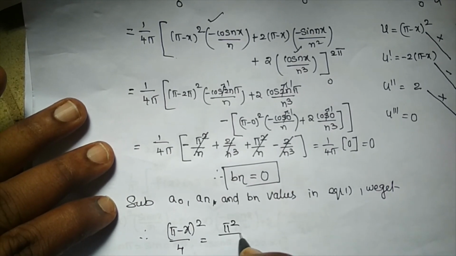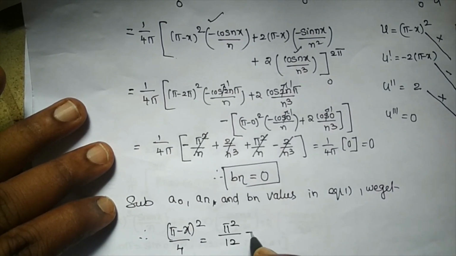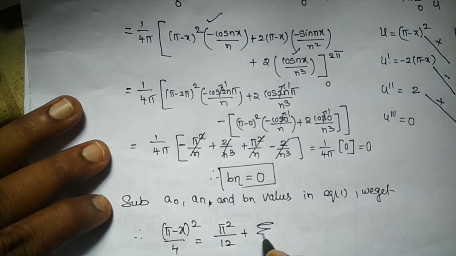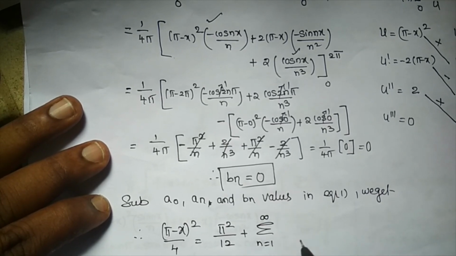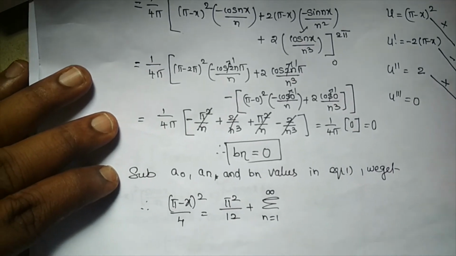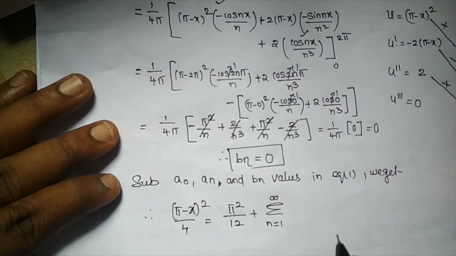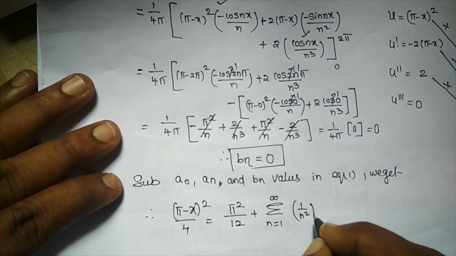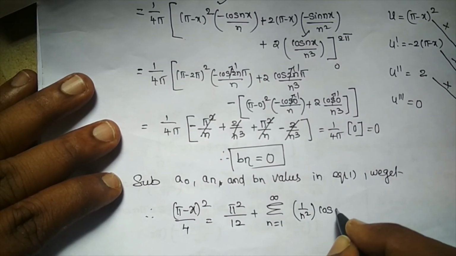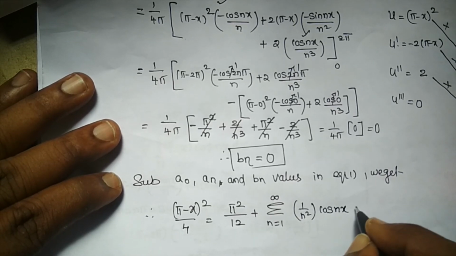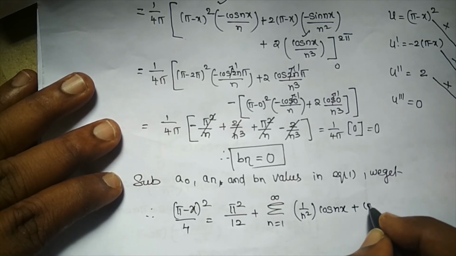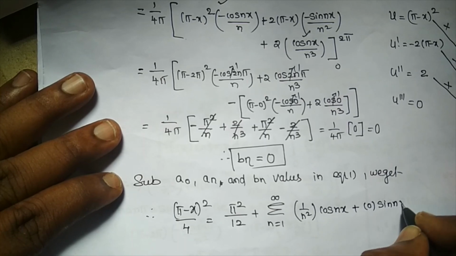Pi square by 6 by 2, that means pi square by 12, plus the summation from n equal to 1 to infinity of an, where an value is 1 by n square, into cos nx, plus bn, which is 0, into sin nx.